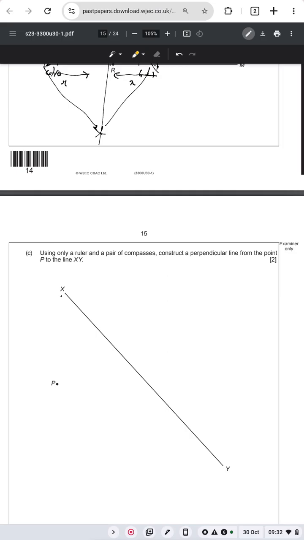If we measured this point to this point with the compass and drew an arc, and then we measured from this point to this point, we would get our same intersects, and then we could draw a similar triangle over on this side, and that will give us our right angle.